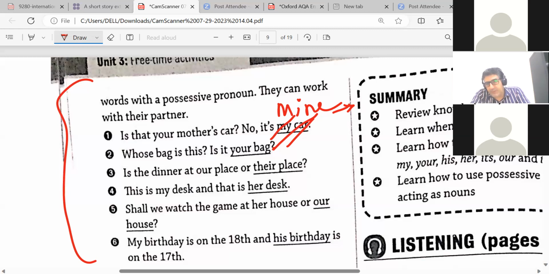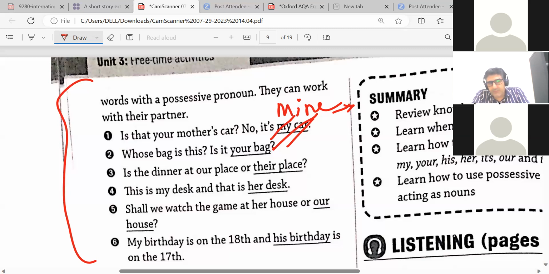It's an adjective. We call it a possessive adjective. It means this car belongs to me. If I want to remove my car completely and write one pronoun in its place, I say mine. So mine here works as a noun.